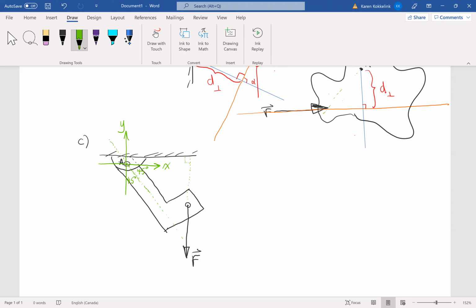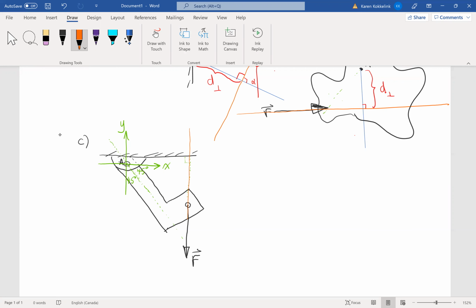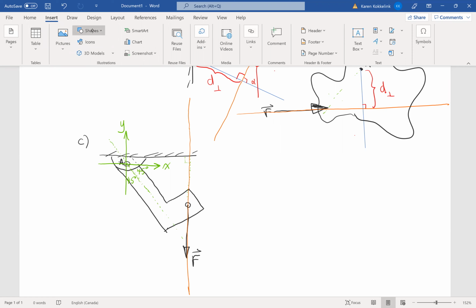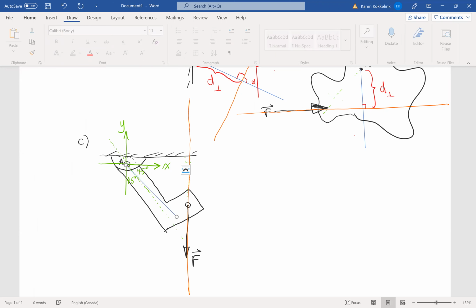And we need to figure out what this perpendicular lever arm is. So let's be consistent and draw our force line with orange. And we just want to draw that line as big as possible on the page. Then we want to go from our point of rotation and draw another line.